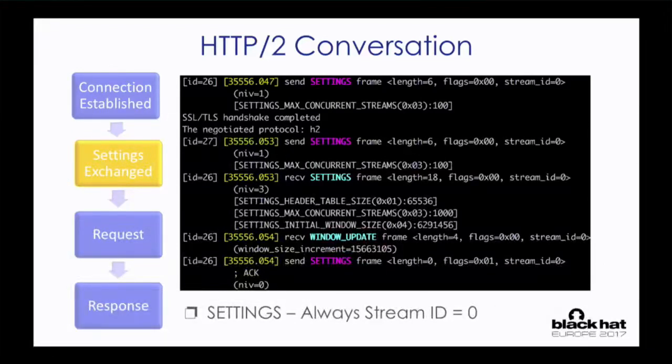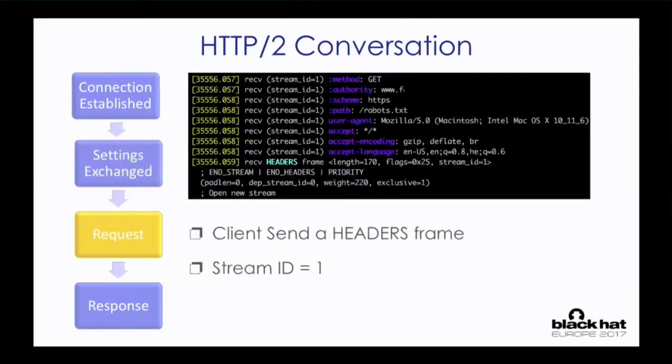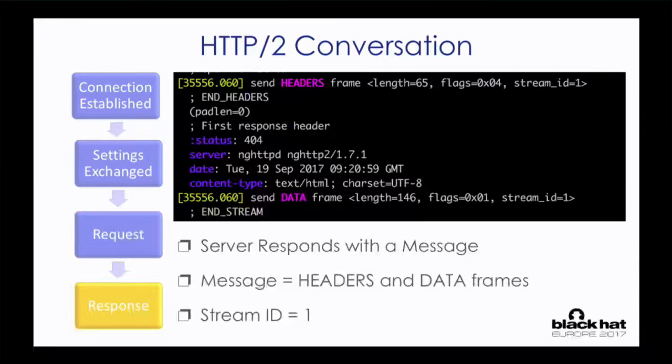So connection was established, we've exchanged some settings frames, now we can do the request. This is a full snippet of a request. As you can see, this is a GET request, which is sent in a headers frame over stream ID 1. and the server can now respond with its own server response. In this case, the response has both the headers frame and the data frame for the actual body payload of the message.